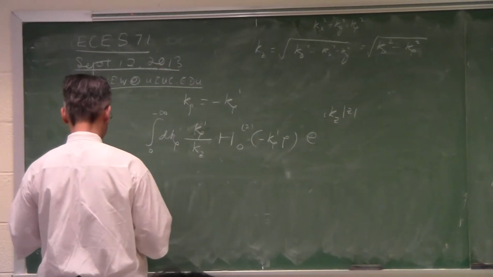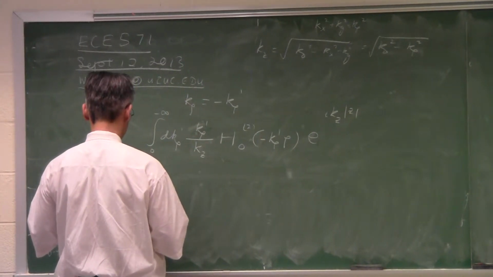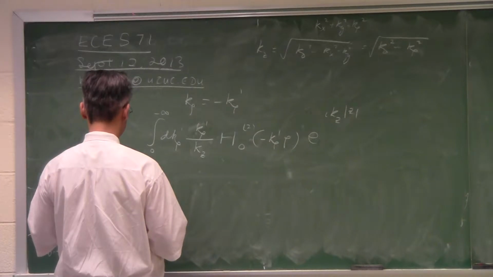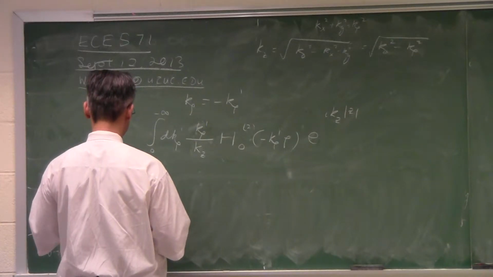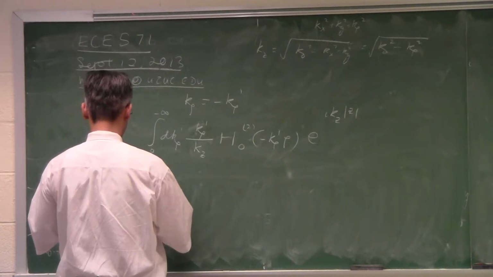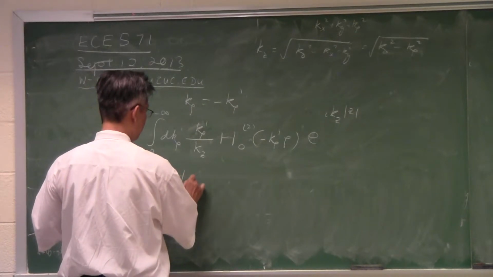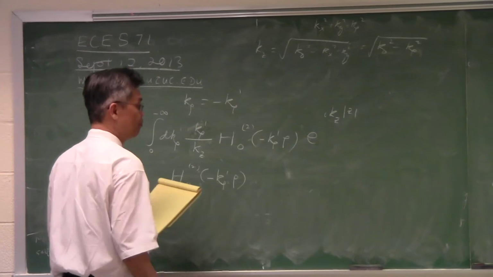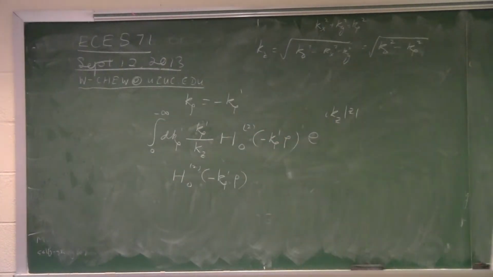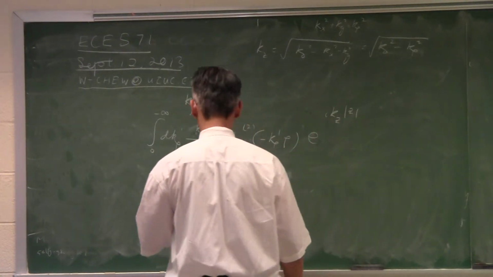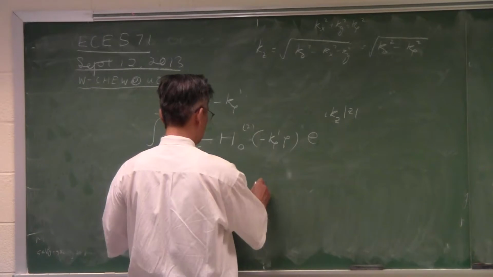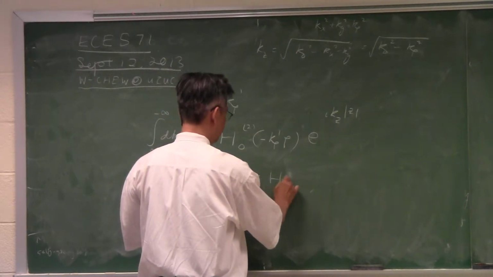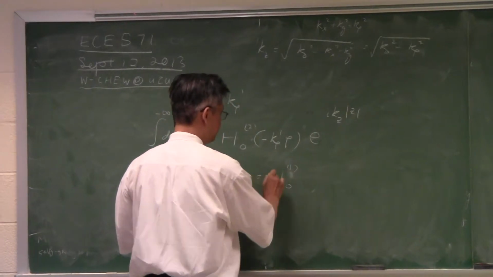I'm going to use the argument that h02 of minus k rho prime rho. I'm going to use this identity that if I put a minus k rho here, I should have an h01 with a minus sign.